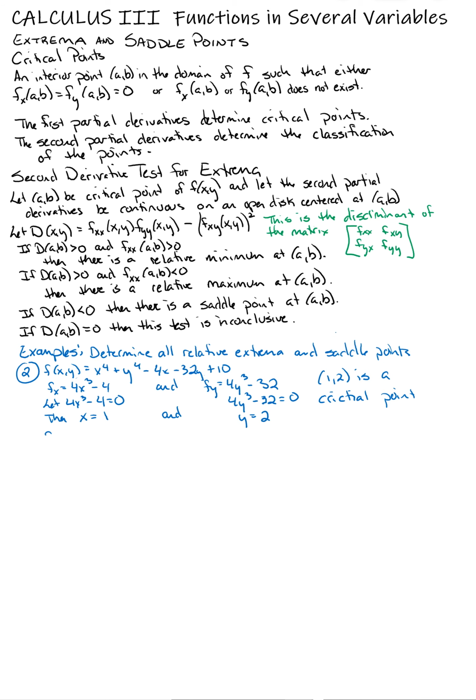Let's make a list of those. f sub xx is 12x squared, and f sub xy, in no particular order, is, so we're still looking at the first partial with respect to x, 12x cubed... the partial with respect to y, though, that's 0.